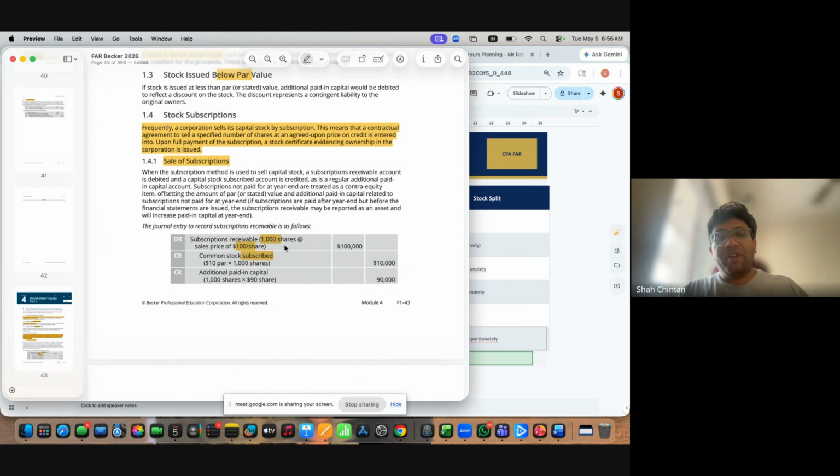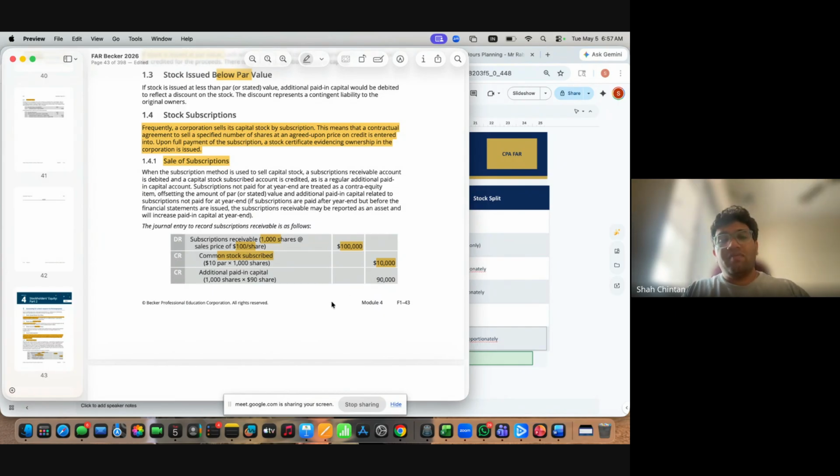Your payment may not be received in the full amount. Entry is common stock subscribed. It is not yet issued because the shareholder has not paid you the money. So the entry is subscription receivable account debited 1 lakh, payment yet to be received. Common stock subscribed, common stock yet to be issued $10,000, and the remaining is your APIC.